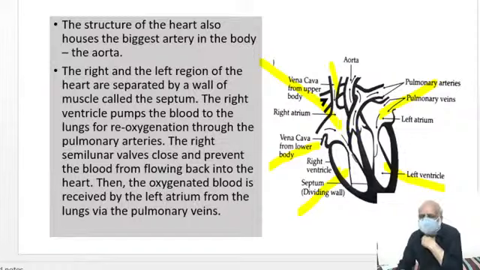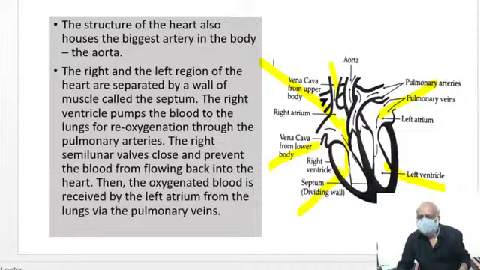Here, simultaneous contraction and relaxation takes place in atrium and ventricle on both sides. If contraction of atrium takes place, the filled blood transfers to the ventricle, which is relaxed.